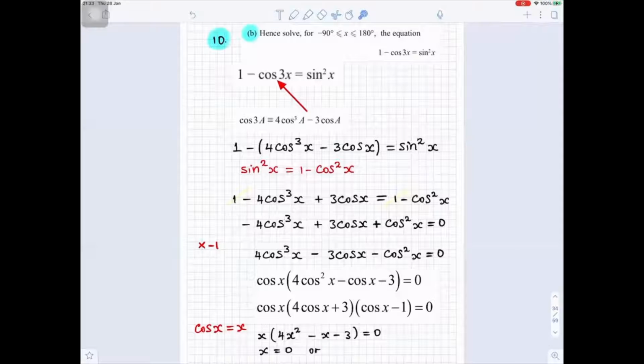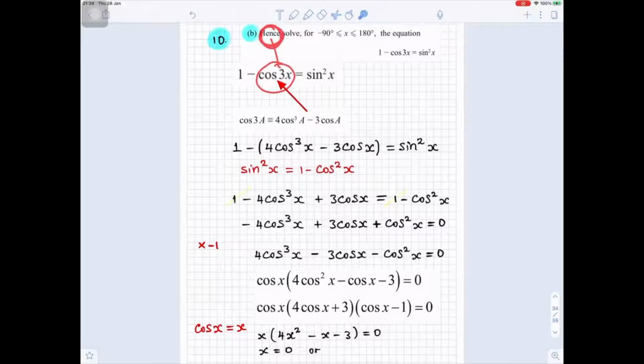Question 10b: hence solve, between minus 90 and 180, the equation 1 minus cos 3x equals sine squared x. So instead of cos 3x, we replace it with 4 cos cube A minus 3 cos A, because we got that from part A, and we're using this word hence.